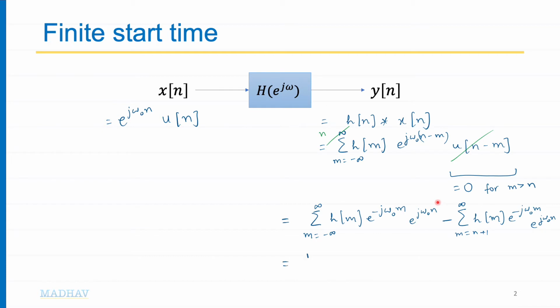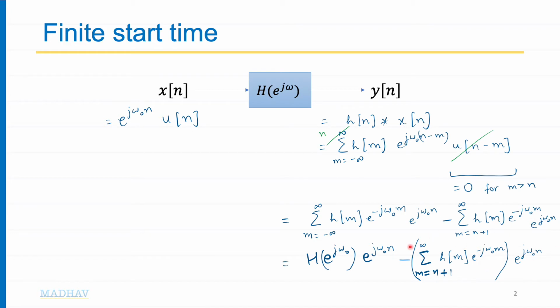If you simplify this, you see this is H(e^{jω0}) times e^{jω0 n}. This is my steady state response, which you have seen. This is my complex scaling, and this other term is my transient response.